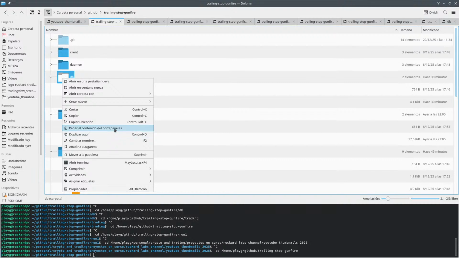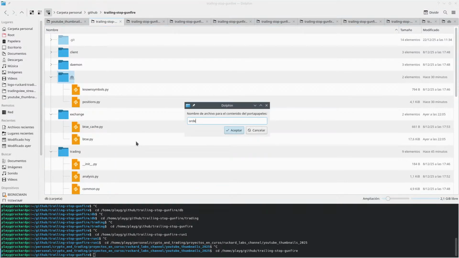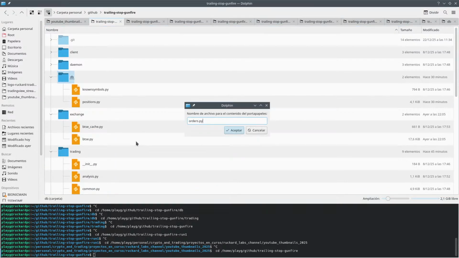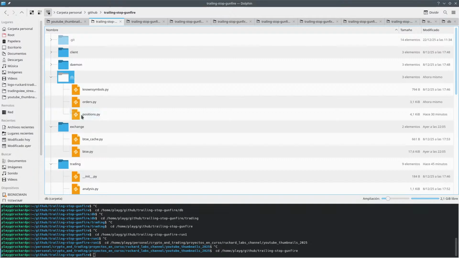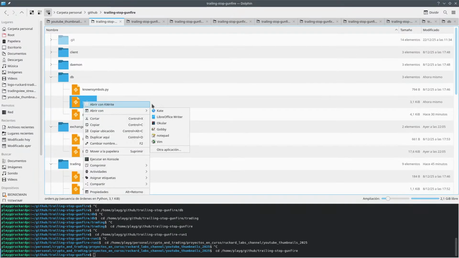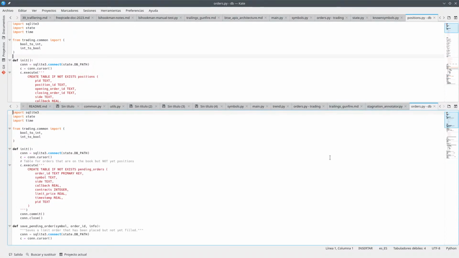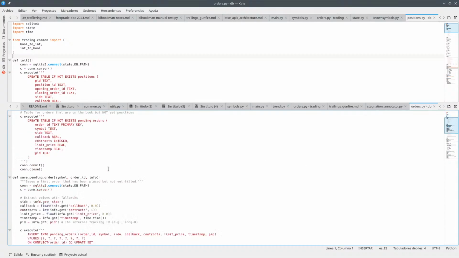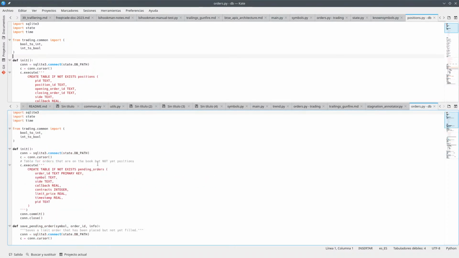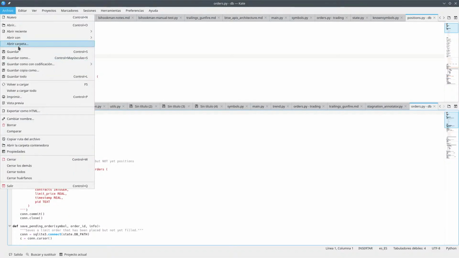So let's copy orders.py. I mean, again, we're going to have another orders because I know that there's another order. So there's the trading orders and there's the orders from the database. Yeah, look at that.